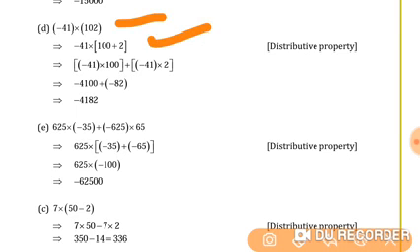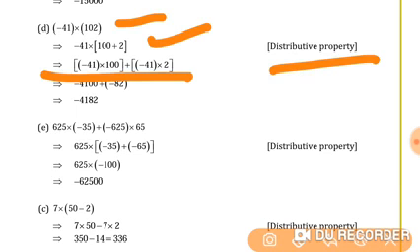So it becomes multiplication over addition, the distributive property. Distribute the 41 to 100 and also 2. 41 into 100 is 4100 with a minus. 41 into 2 is minus 82. Then minus 4100 plus minus 82 is minus 4182. Because both are negative, add the numerals and keep the minus sign.